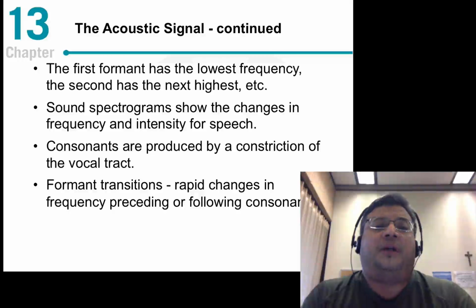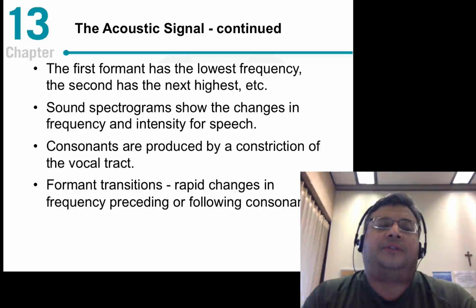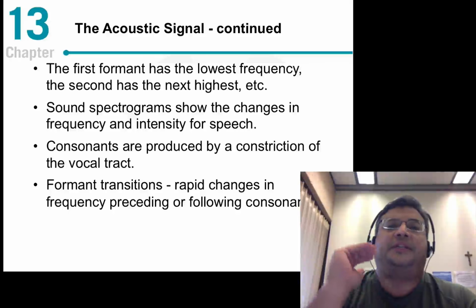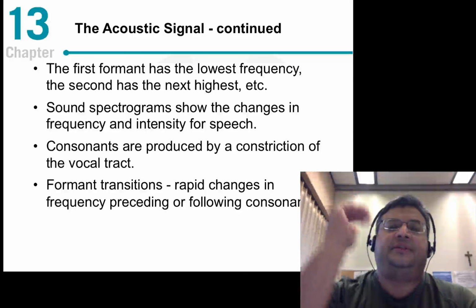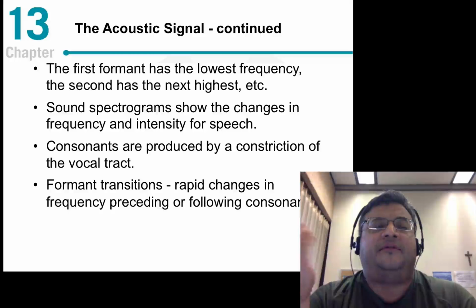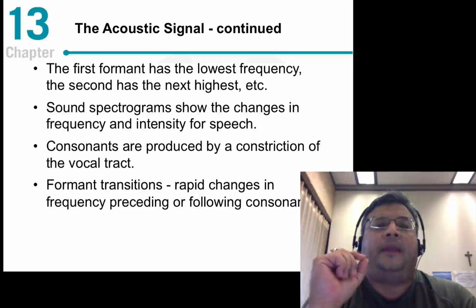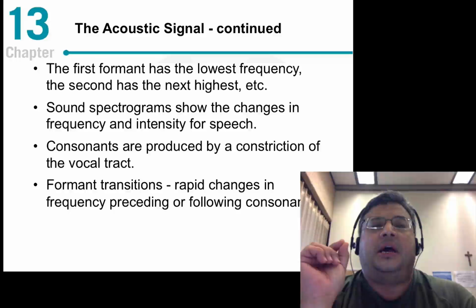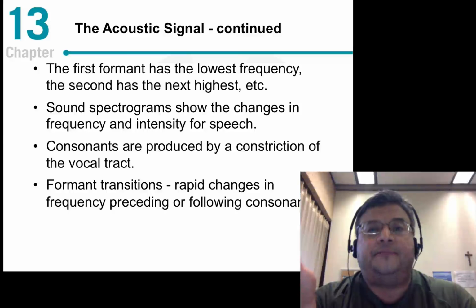The first formant of any vowel sound has the lowest frequency, and then the second formant has the next highest frequency, etc. We can have people pronouncing different vowels, and then look at sound spectrograms to see which frequencies and the intensity of each frequency is used to make up and produce that sound.